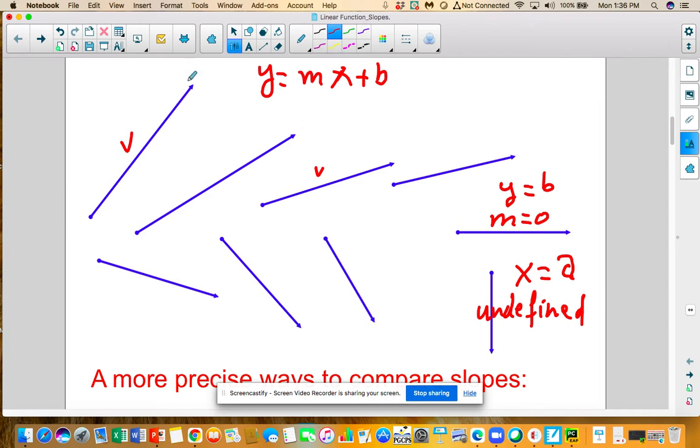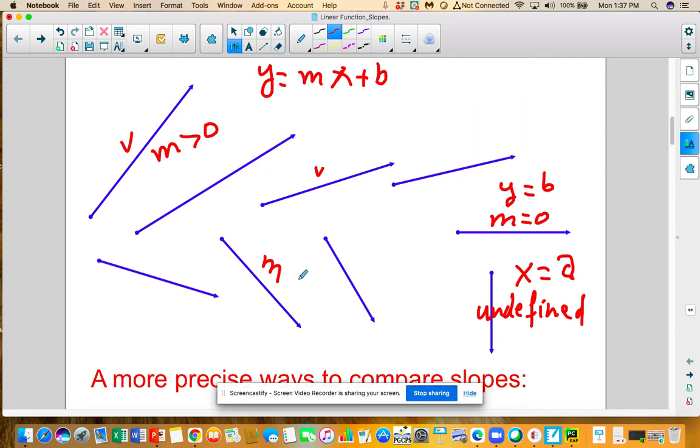Before we move on though, just notice the direction of the line. If a line from left to right is rising, its slope would be positive. We write greater than 0 to say positive. But if a line, from left to right, is going down, falling, the slope would be a negative number.